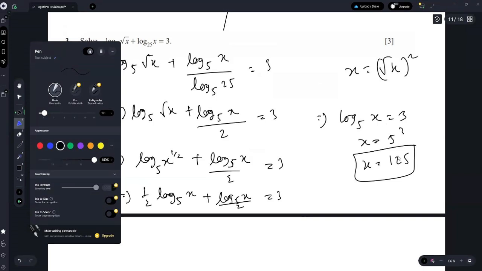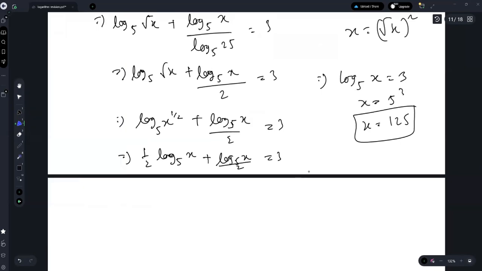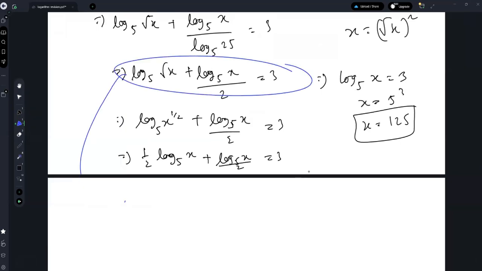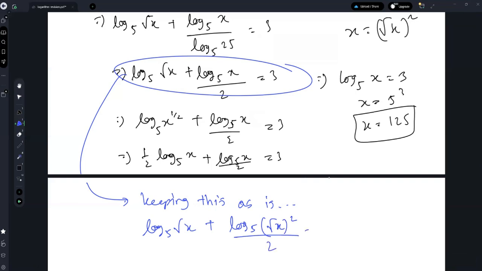Okay. So keeping this portion as is, we get log base 5 of root x plus log base 5 of root x whole square divided by 2 equals 3. Next, I can write this thing as following.